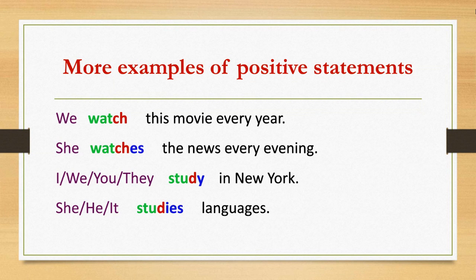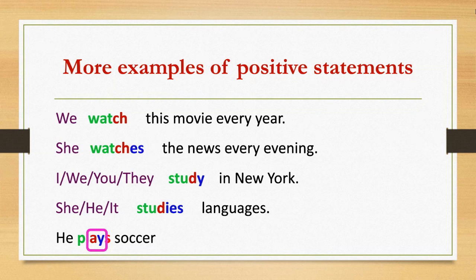Let's take another example. He plays soccer. The verb play is a verb that ends with Y, but before the Y, we have a vowel. We don't have a consonant, we have a vowel.